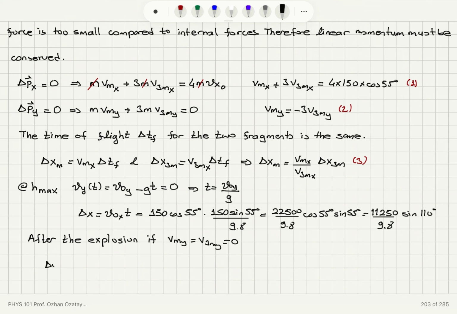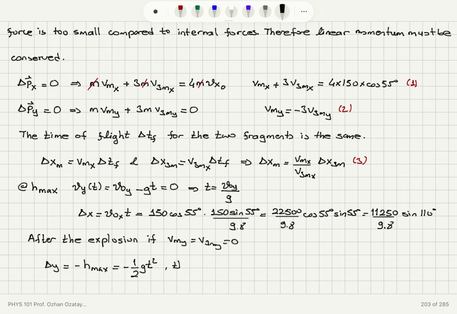The distance traveled on the y-axis, delta y, if you write it as a displacement, that's minus h max equals minus 1 over 2 gt square.